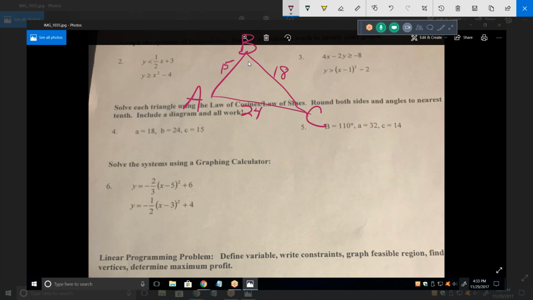Now, to use the law of cosines, I need the general formula, and tell me how to apply it. First of all, give me the formula.